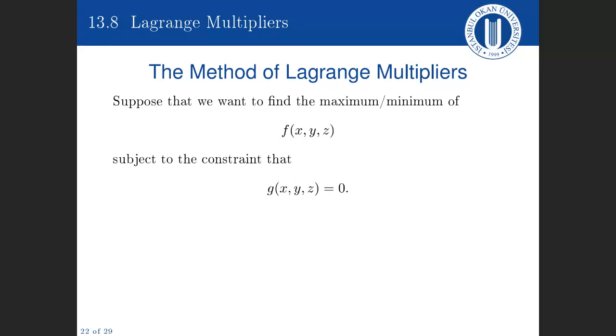It's easier to solve a question like this if we use the method of Lagrange multipliers. In general, let's suppose we want to find the maximum or the minimum of some function f, subject to the constraint that g is equal to 0.